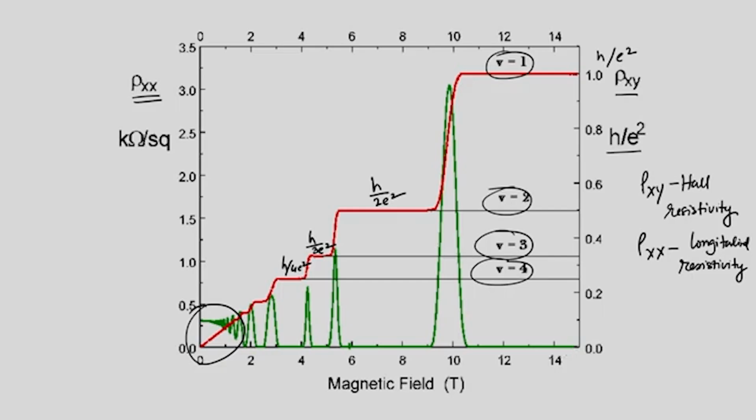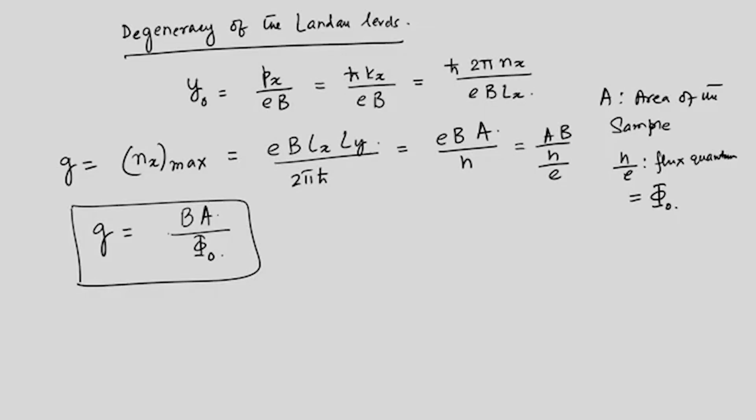If you have facilities, you can increase that magnetic field even more, and the sample size is up to you. So, this is really a very large degeneracy that is coming out of each one of the Landau levels. In fact, this has important implications for the fractional quantum Hall effect.